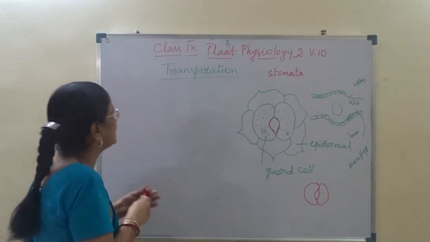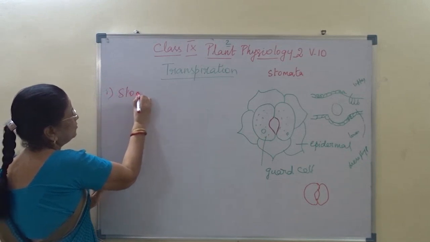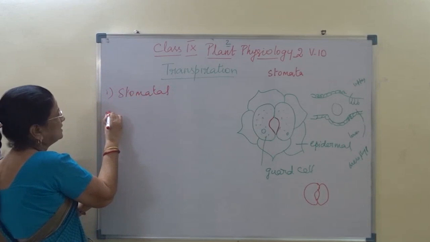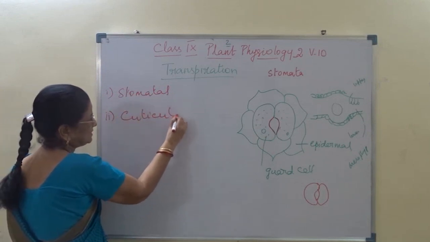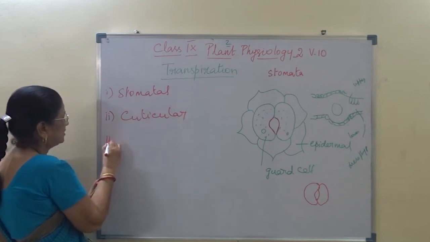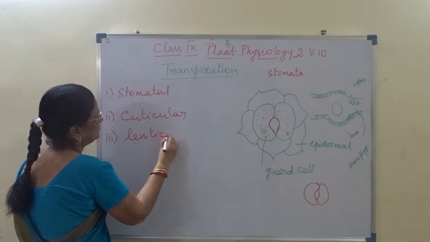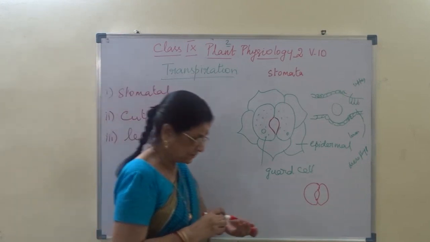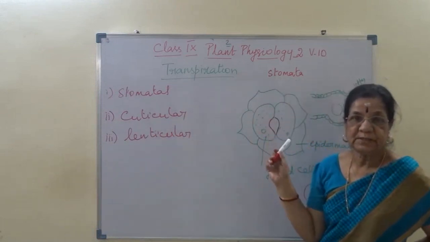Okay? Now this transpiration is of three types. One is stomatal transpiration, second one is cuticular transpiration, and third one is lenticular transpiration. Stomatal transpiration is through the stomata.